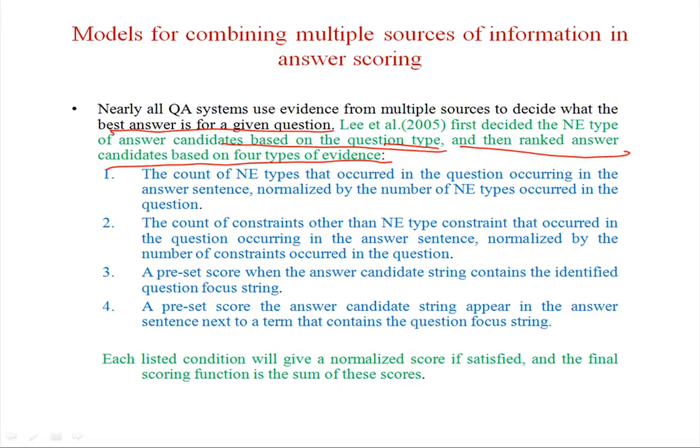First, the count of named entity types that occurred in the question occurring in the answer sentences, normalized by the number of named entity types occurring in the question.